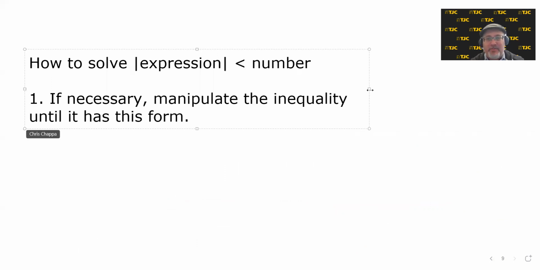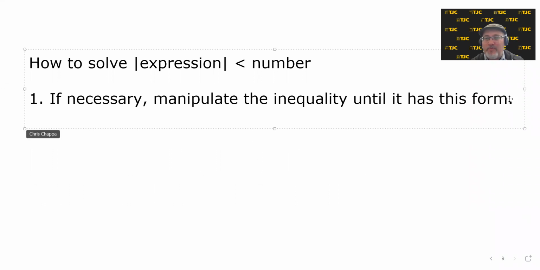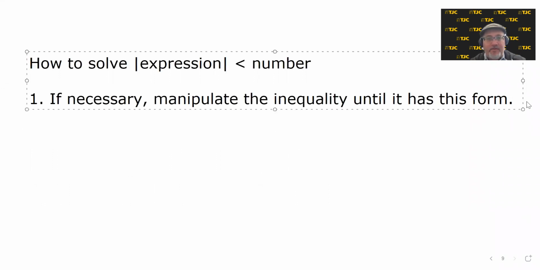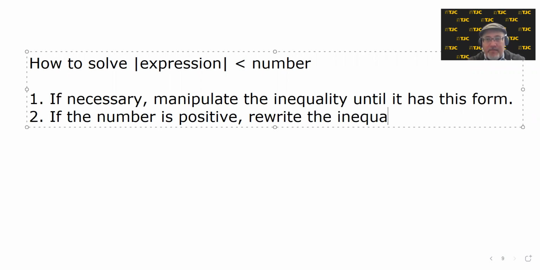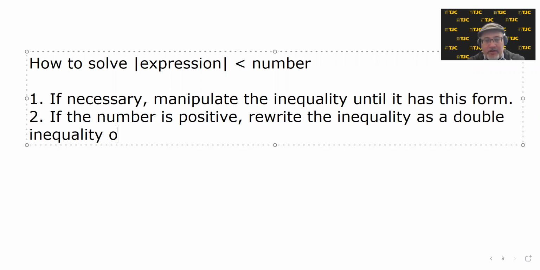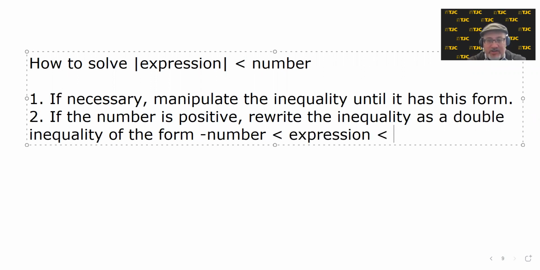All right, number two. If the number is positive, rewrite the inequality as a double inequality of the form negative number is less than expression, which is less than number.